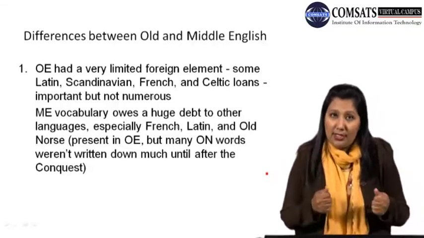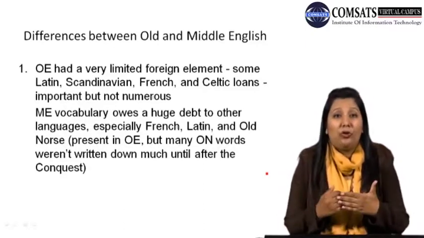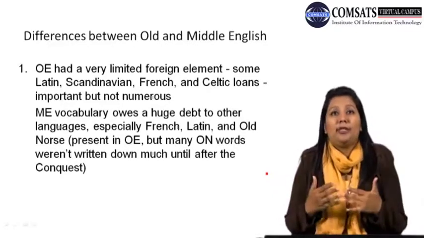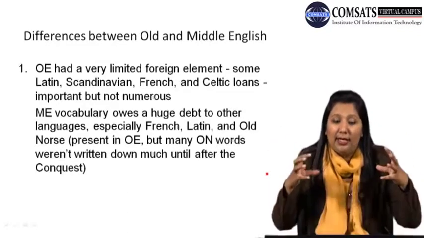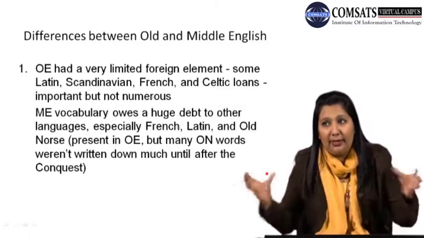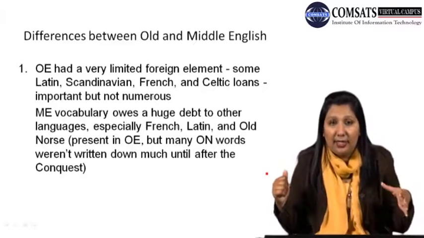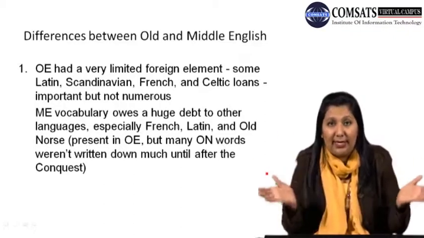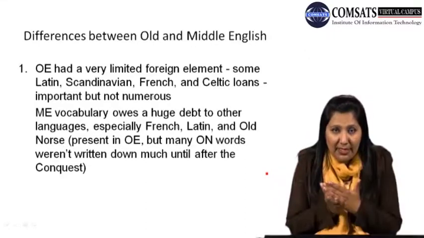Yes, before this Old English had the loan words, but they were not that enormous, because after the Norman conquest, when the two nations came to live quite close to each other, they started interacting with each other and there was a good interaction, and at that time they got to know that French, Latin and the Old Norse were the different languages that have made a great impact on Middle English.